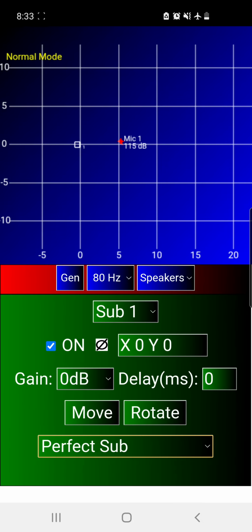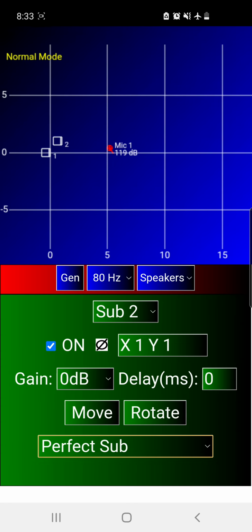The perfect sub has the super big advantage that it will let you focus only on the acoustical summation. I will turn on the subwoofer number 2 and will set also the perfect sub source. Now I'm going to start moving the sub number 2 around.